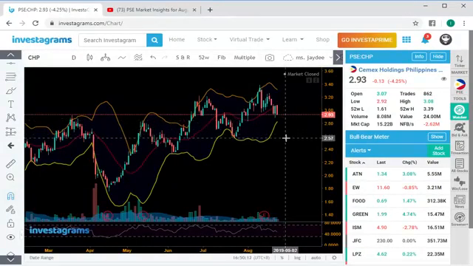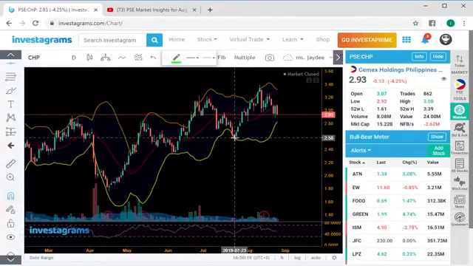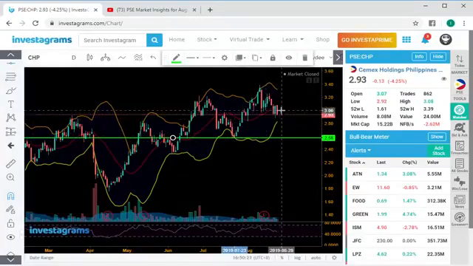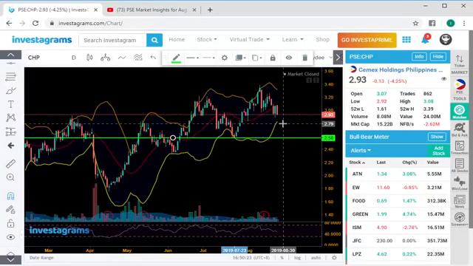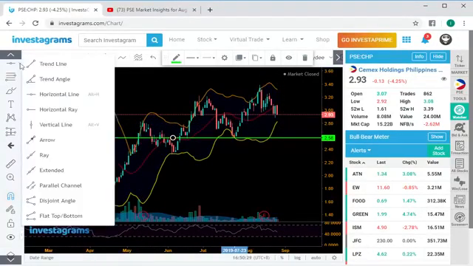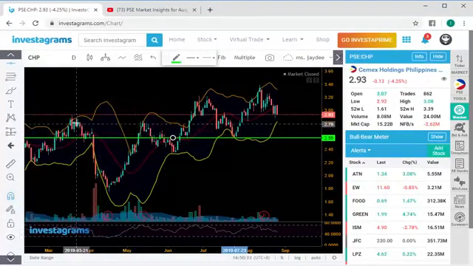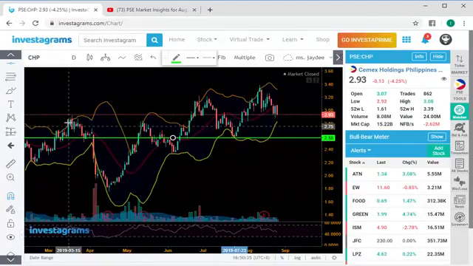Now, the next price that I will closely monitor will be this level. Okay, let's also plot another line here, which was the previous resistance of the stock.